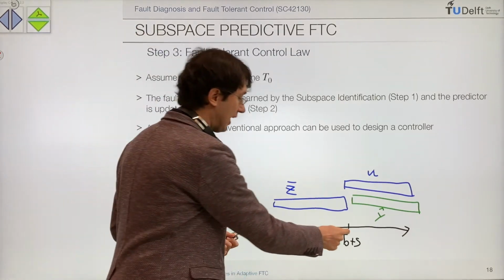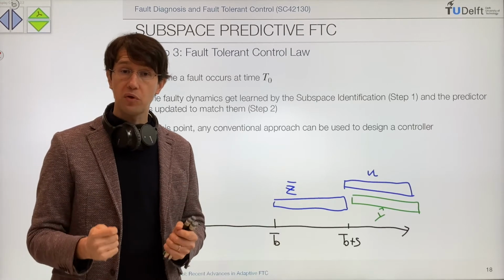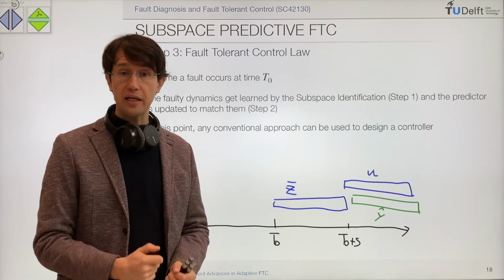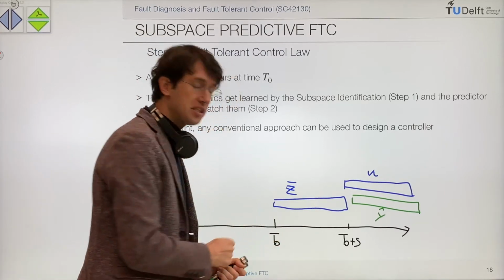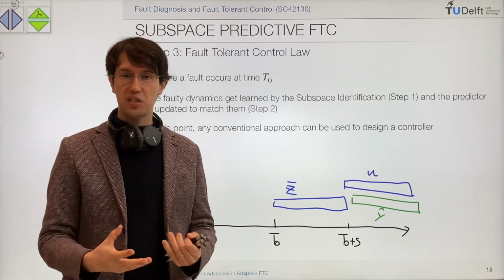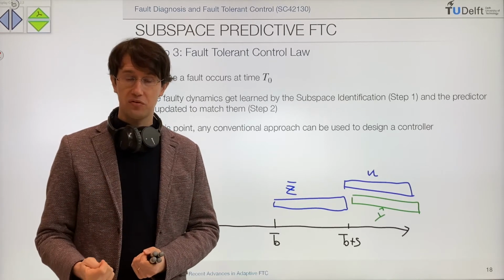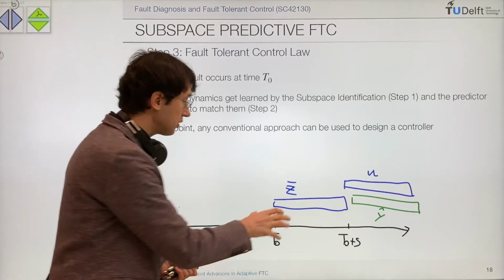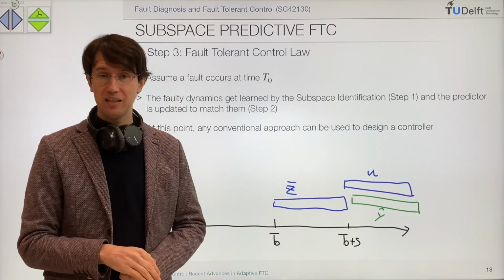You want s to be long in order to identify a good model, but you want it to be short in order to react quickly to a fault. And if this fault is something catastrophic, leading in a short time to failure, then an approach like that maybe is not the best.